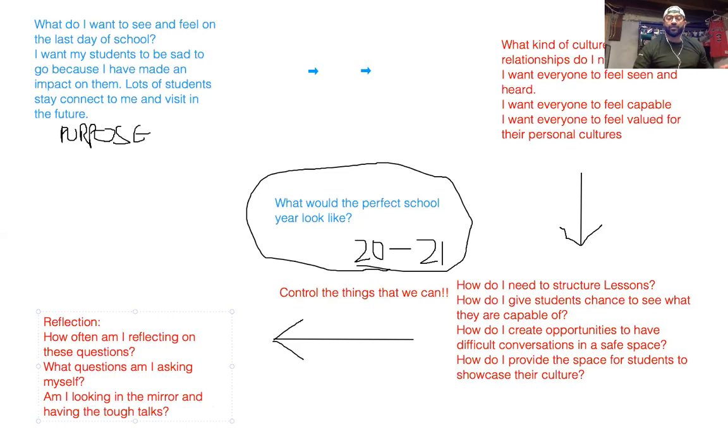All right, so as I'm sitting here thinking about this school year, it is going to be bumpy. That is a fact of life, that this is going to be a bumpy year. With so many unknowns, it's going to be bumpy. But for me, I want to do my best to be staying true to these values that I have and these questions that I have, because I want to have the perfect year.